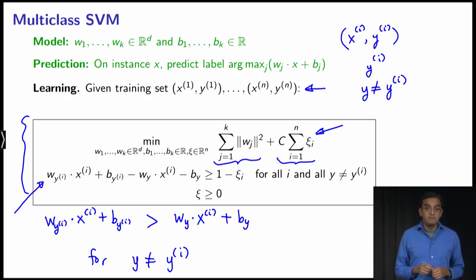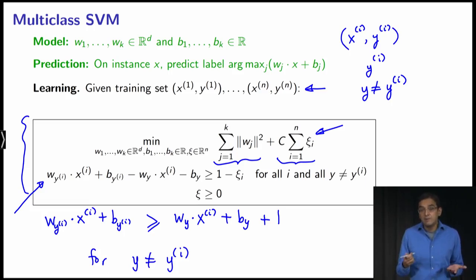Now, as we did before, we can equivalently insist that actually the correct label exceeds the incorrect labels by 1. Okay? And we can do this by simply rescaling the w's and b's appropriately. Okay? So this is another way of saying that all the points are correctly classified.